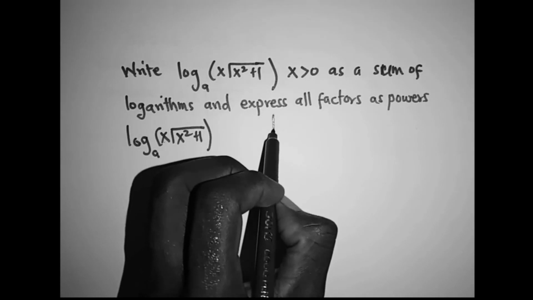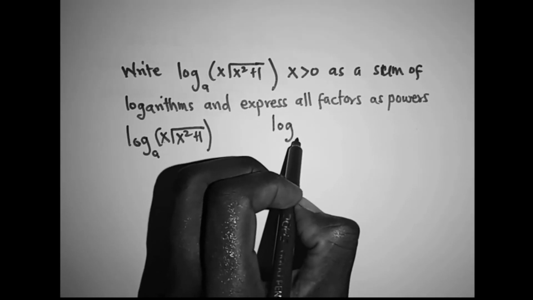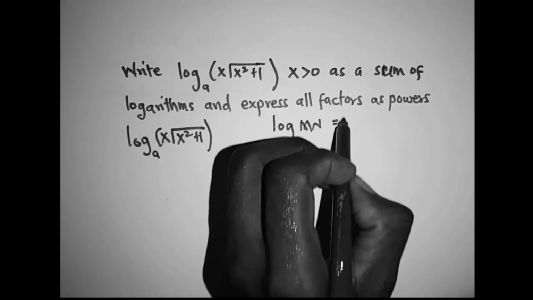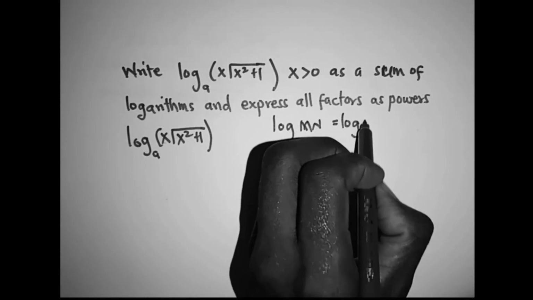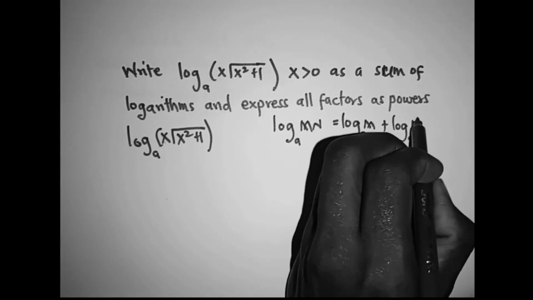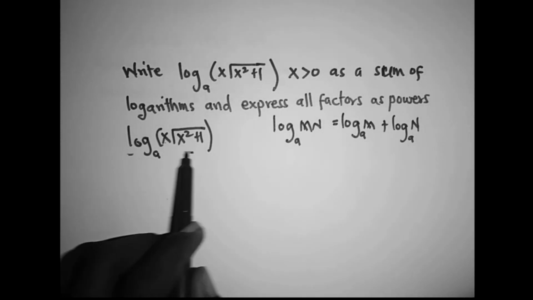But remember that we said log base a of m times n is equal to log base a of m plus log base a of n. So it's the same thing we'll use here.